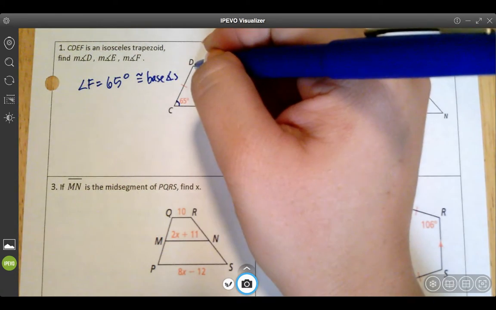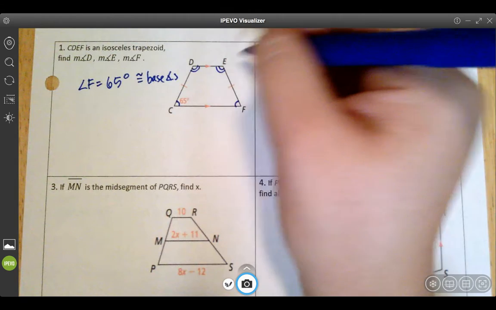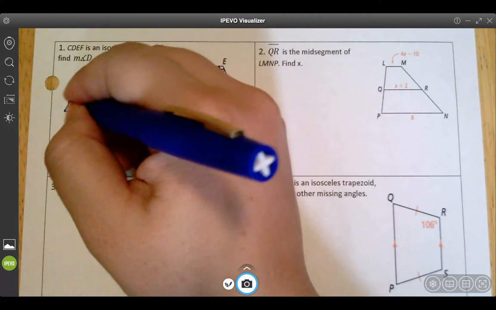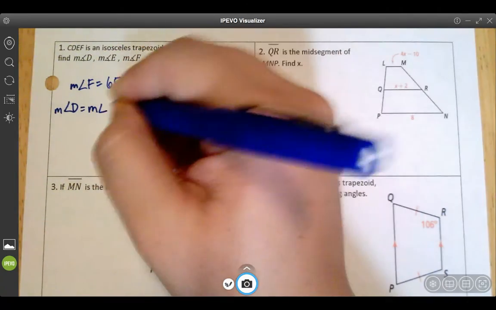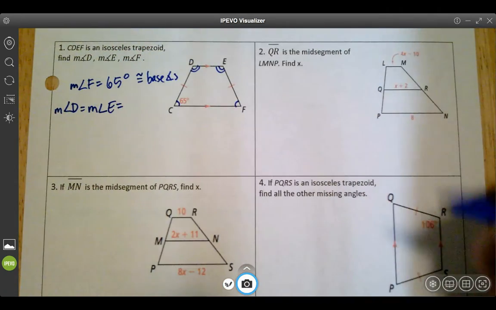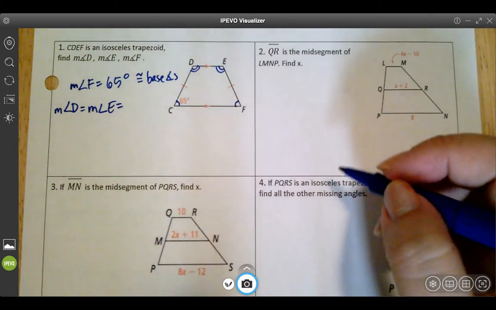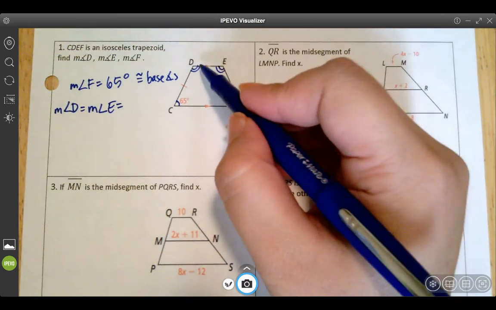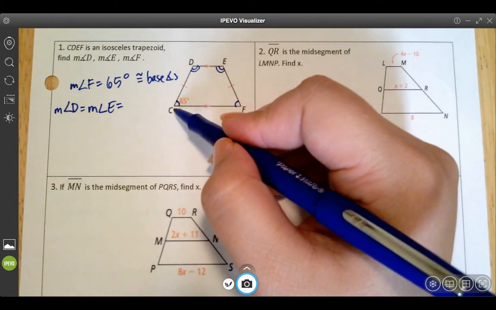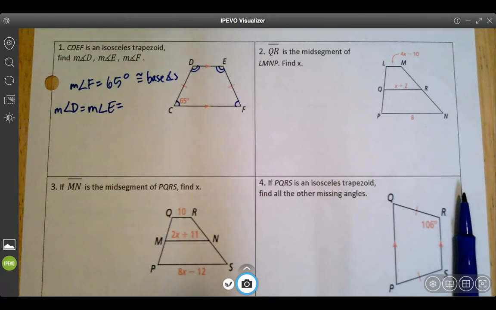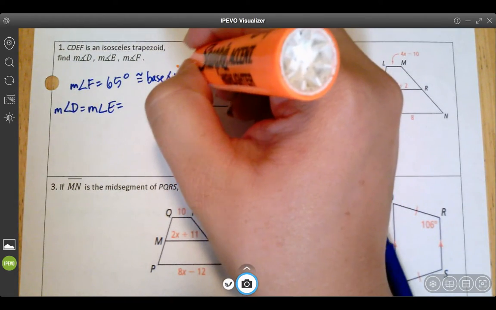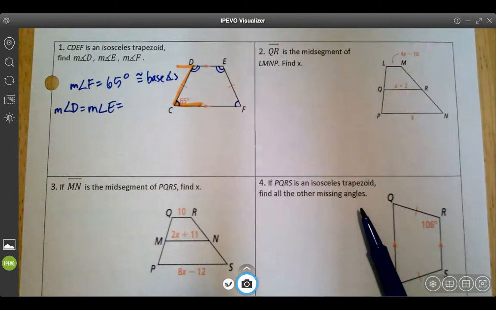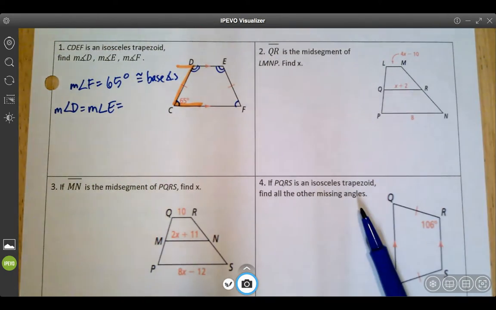We also know that angle D will be congruent to angle E. So the measure of angle D equals the measure of angle E. But how do we find out what that measure is? Well, if we remember parallel lines with a transversal, we can draw our Z. And so we have consecutive angles.